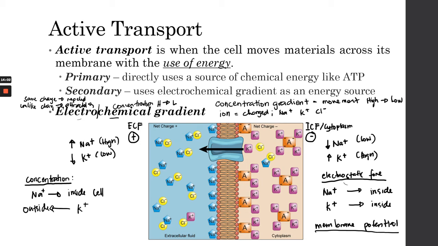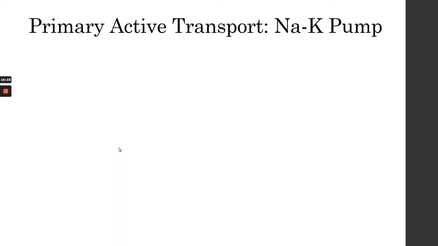This separation of charge is important because, for example, in neurons, the neurons will not be able to activate, meaning we cannot feel, we cannot think, we cannot move our muscles if there is no membrane potential. So now let's go on to how the cell establishes this electrochemical gradient.